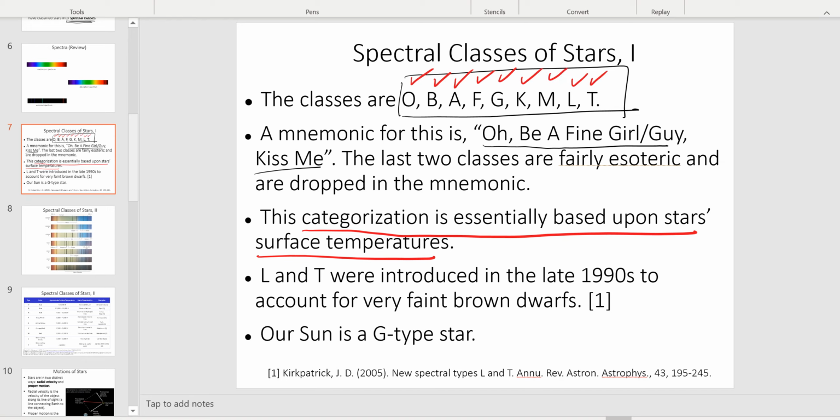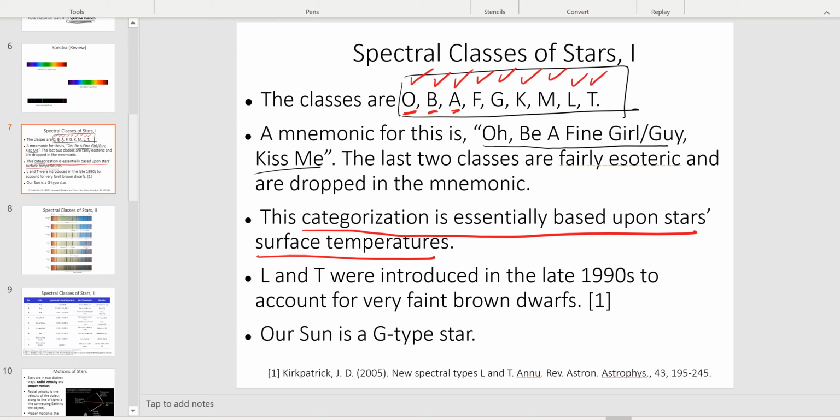So we'll mostly focus on O through M. And these classifications are based on the different spectra of stars. You will study the spectrum of a star. You will classify it based on what the spectrum looks like. We will talk about that. And then you give the star, based on that classification, a letter. Each letter corresponds to a different classification.